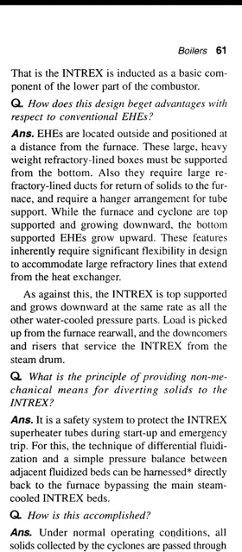Also, they require large refractory lined ducts for return of solids to the furnace and require hanger arrangements for tube support. While the furnace and cyclone are top supported and grow downward, the bottom supported EHE grows upward. These features inherently require significant flexibility in design to accommodate large refractory lines that extend from the heat exchangers.